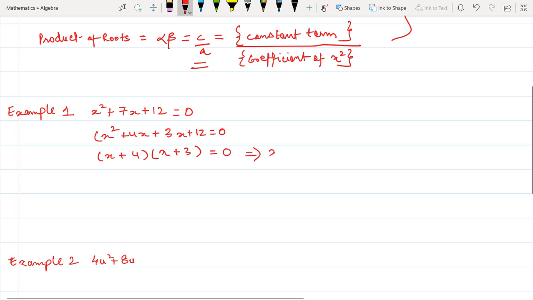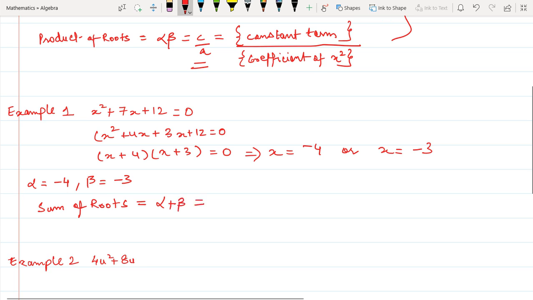This implies that x is equal to minus 4 or x is equal to minus 3. So that gives me alpha is equal to minus 4, beta is equal to minus 3. Now the sum of roots is alpha plus beta, which is equal to minus 4 minus 3, that is equal to minus 7.